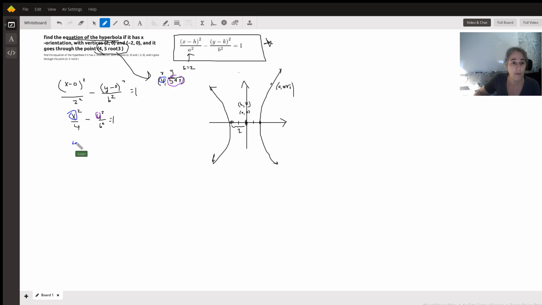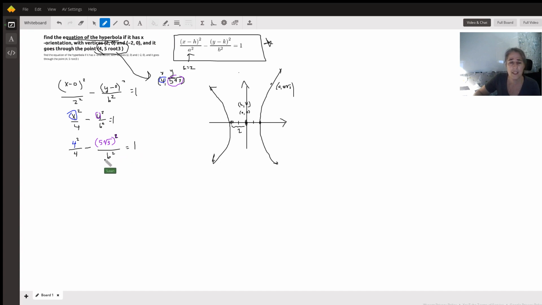So that's 4 squared over 4 minus, and for y, 5√3. Now this is a little tricky because I want to square all of y, and it's easy to leave that squared just next to the root 3, but it all gets squared, that 5. So we want to make sure we put a grouping symbol in, and then again over b squared, I don't know b, is equal to 1.